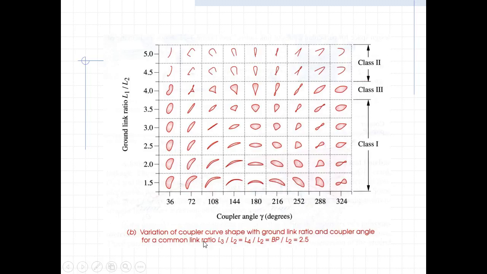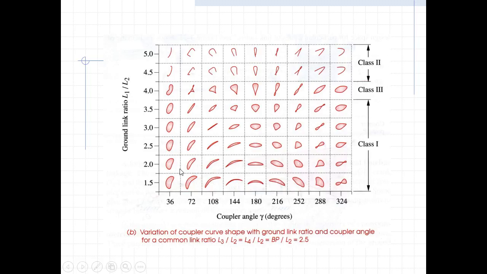We'll also find that our other link ratios are as follows: L3 over the crank, L4 over the crank, and BP over the crank are all equal to 2.5. Now in this particular example, we said that our crank was going to have a length of 2 inches.